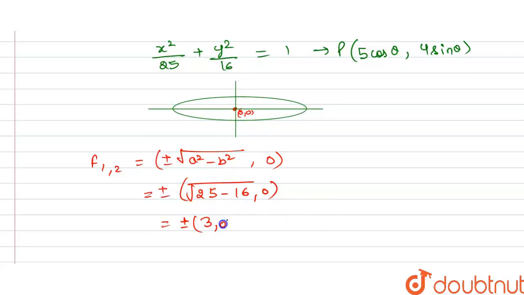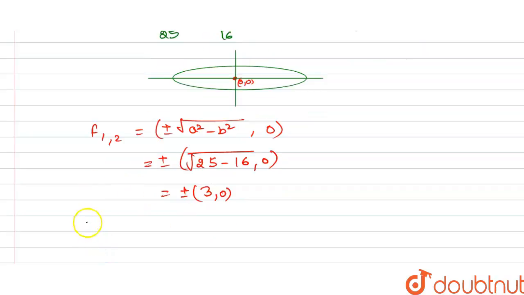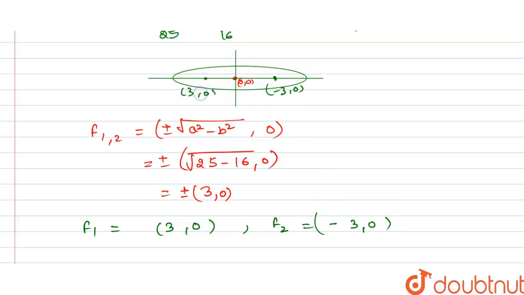So we get focus 1 as 3, 0 and focus 2 as minus 3, 0. So our foci lie on these points: this is minus 3, 0 and this is plus 3, 0.